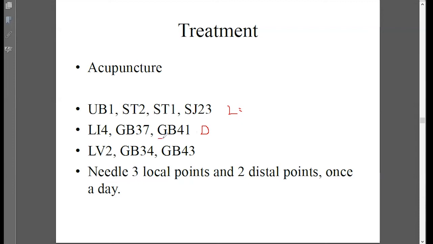So Gallbladder 41, because the gallbladder channel goes to the eyes, we can use it as a distal point there. And the pattern points, we need to clear heat from the liver and gallbladder: Liver 2, Gallbladder 34, Gallbladder 40. So those are mainly the pattern points. That's the internal liver heat pattern.